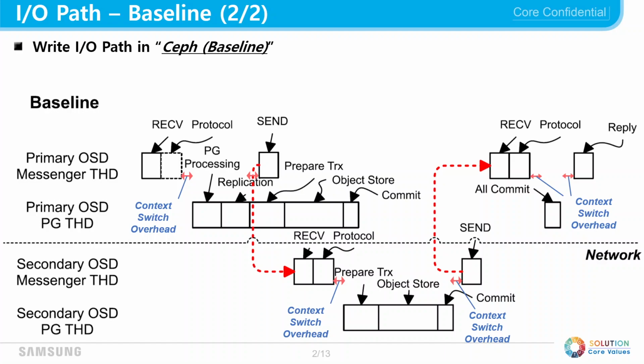Then it writes a transaction to the backend store and forwards a replication request to the replica simultaneously. After the secondary OSD completes the replication request and sends an ACK to the primary OSD, the primary OSD replies with the response message to the client.